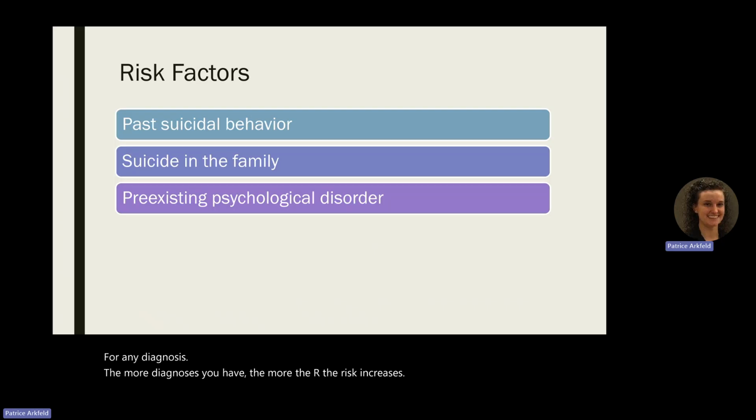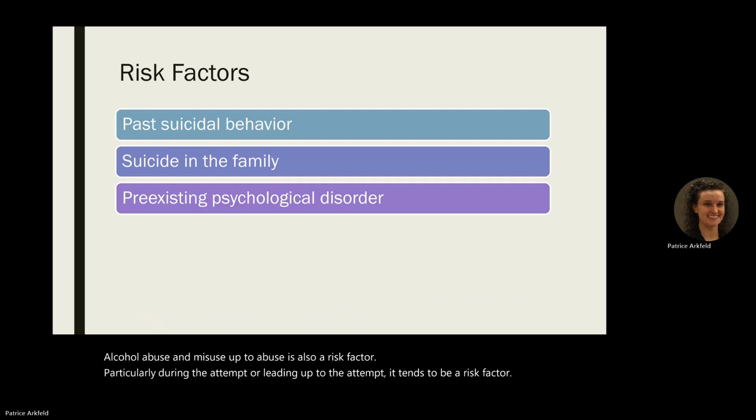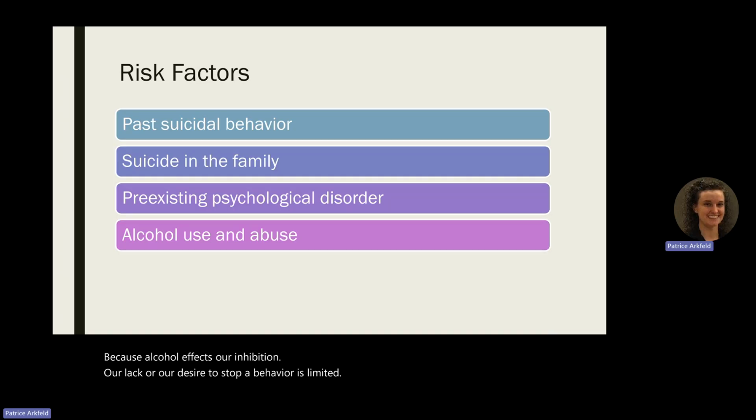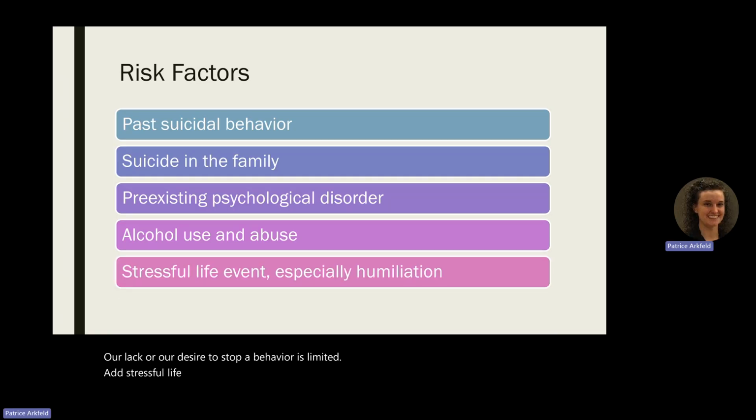Alcohol use and misuse up to abuse is also a risk factor, particularly during the attempt or leading up to the attempt. It tends to be a risk factor because alcohol affects our inhibition, our desire to stop a behavior is limited. And stressful life events, especially experiences of humiliation, can be associated with suicide attempt, especially if that humiliation leads to a sense of hopelessness.